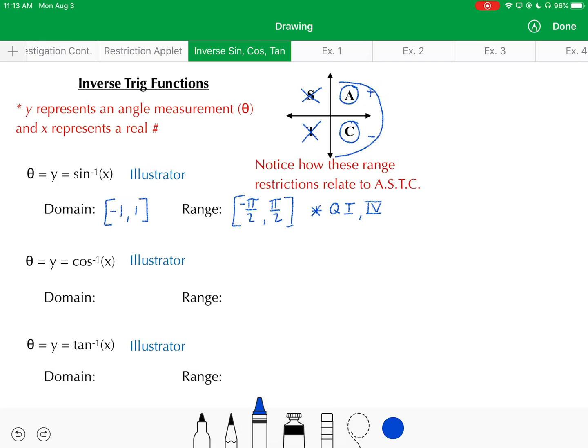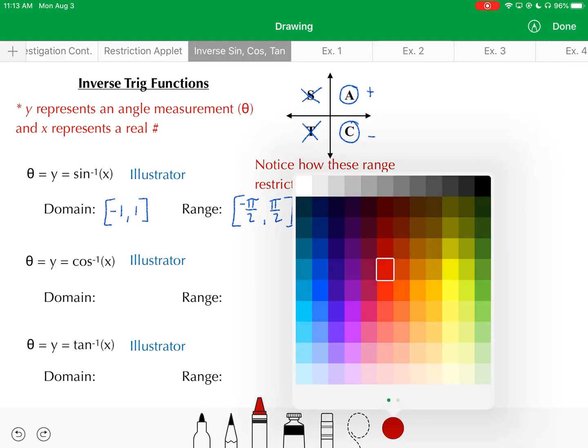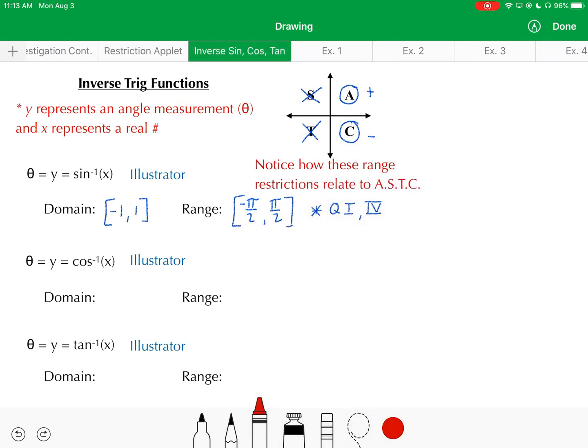But you wouldn't be continuous if you try to go from the first quadrant, which would start at 0, and you'd be skipping the second and the third quadrants to then get into this fourth quadrant. So by skipping quadrants 2 and 3, the function wouldn't be continuous. So that's the reason for that, okay?